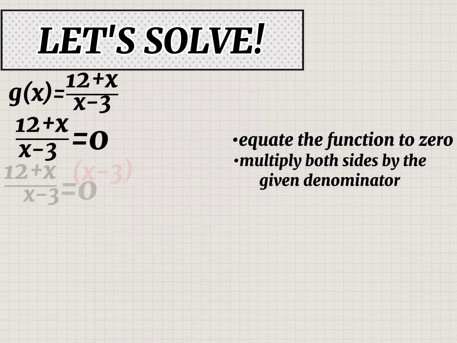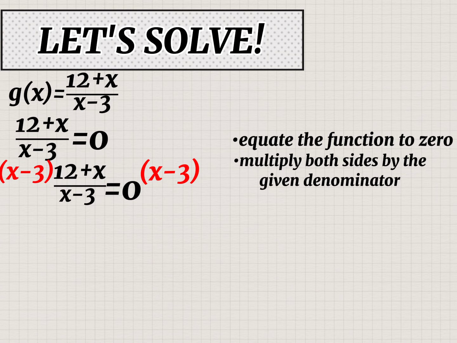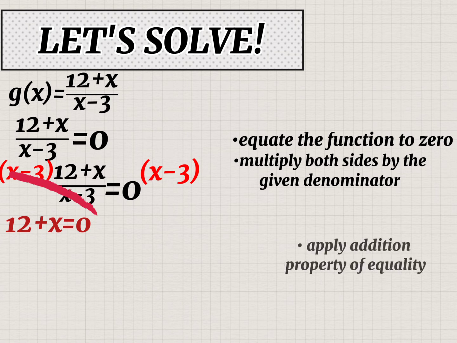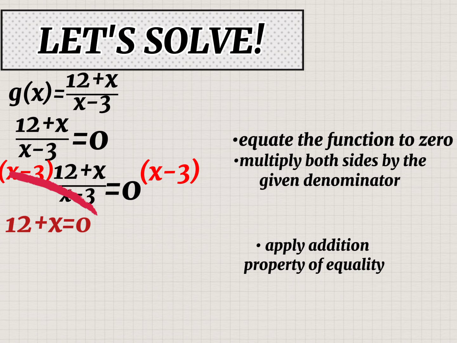So, the quantity (x minus 3) times (12 plus x) over (x minus 3) equals 0 times the quantity (x minus 3). And that will give you an answer of 12 plus x equals 0. Again, we applied the cancellation process to get the answer 12 plus x equals 0. Then, apply addition property of equality.